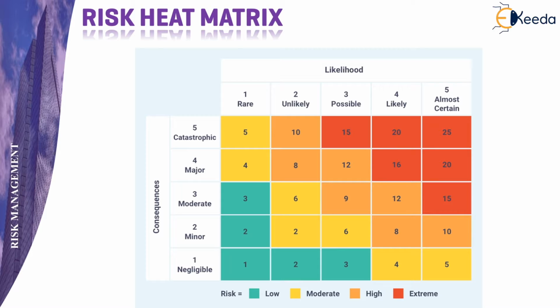Similarly, for 5 multiplied by 5, we get 25, and all other numbers. So the risk score can further be categorized into low risk, moderate risk, high, and extreme risk, which are marked by different color scales. Once we prepare this, we identify which are the most important risks lying in either the high or extreme region that need the most focus.